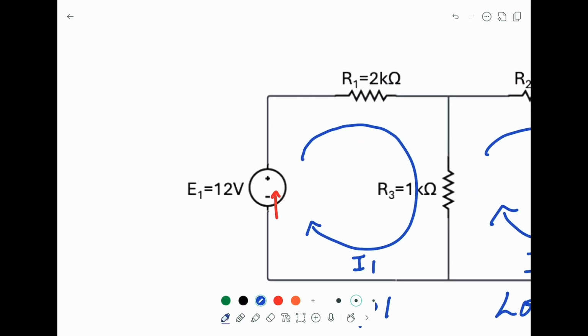The current passes through R1, and the voltage across R1 is V1. However, we don't know exactly V1, but we can apply Ohm's law and say V1 equals R1 times I1, because this is I1 passing through R1.